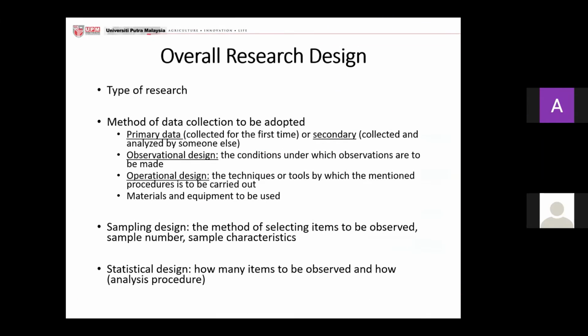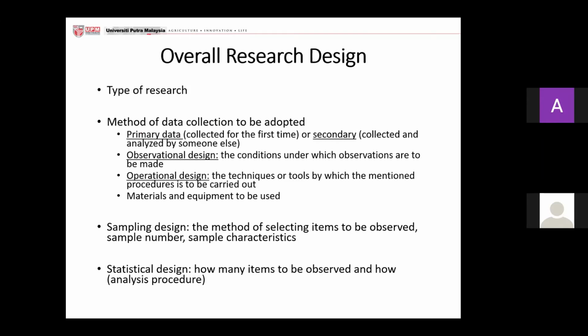Okay, so when we talk about overall research design, first is the type of research. This is what we are going to look at later. Just very quickly, because I think there's also some confusion about this based on some of you who contacted me with regards to data. We'll look at this later on, but on methods of data collection, just to tell you at the very basic level, there are two types of data.